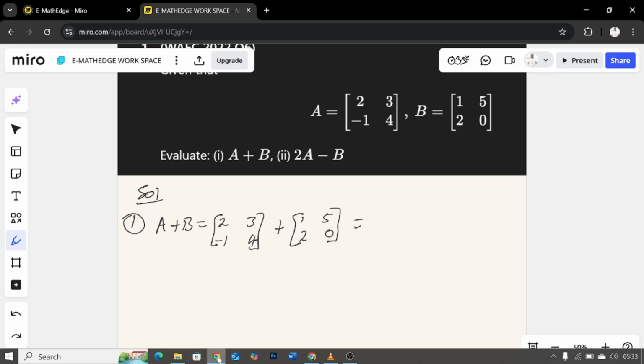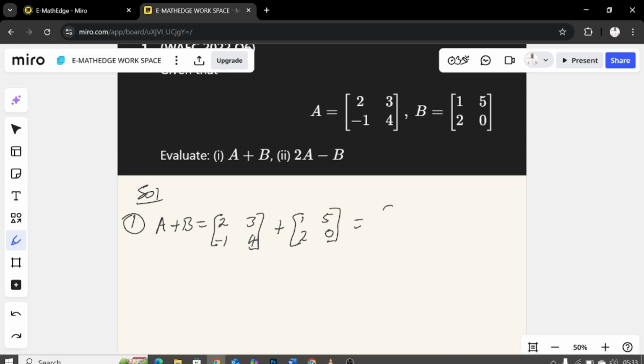Based on the operation of addition on matrices, what you will do is add the corresponding elements, right? So let's go ahead and do that.